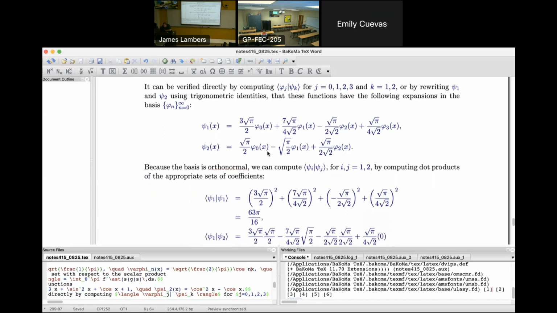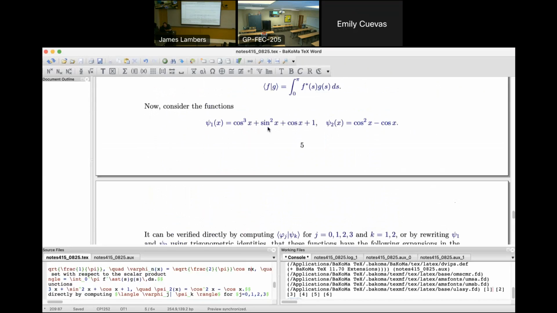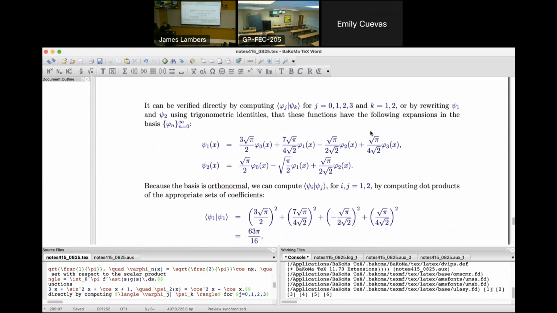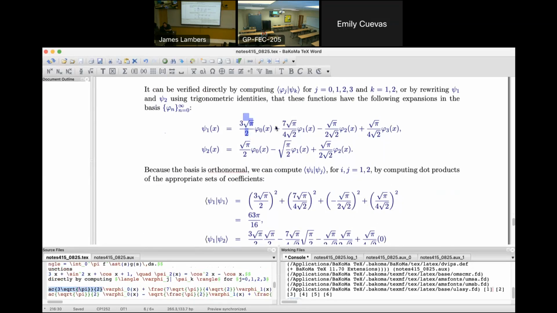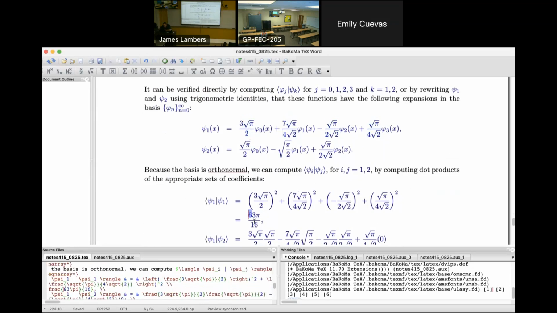So then, suppose I wanted to compute scalar products of these functions. I could have done it directly. I could just multiply these two together, or multiply this with itself and this with itself, and evaluate the integral. But I don't have to do that if I have these coefficients already. For the scalar product of psi 1 with itself, I can just take these coefficients, take the sum of their squares, and that's the scalar product right there.